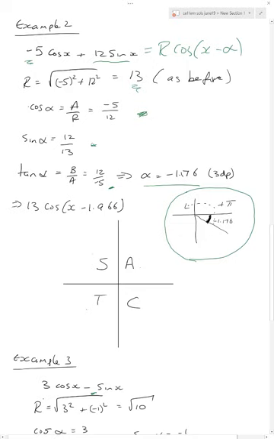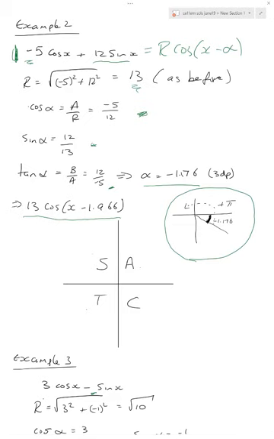So we have to add pi to get to our solution. If we have minus 1.176 and we add pi on our calculators, we would get 1.966. So alpha is 1.966. So our solution, another way of writing minus 5 cos x plus 12 sin x, would be 13 cos(x minus 1.966).